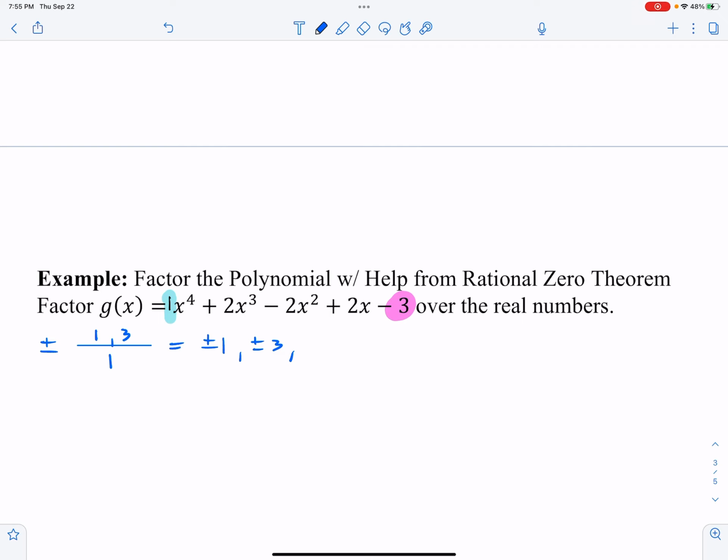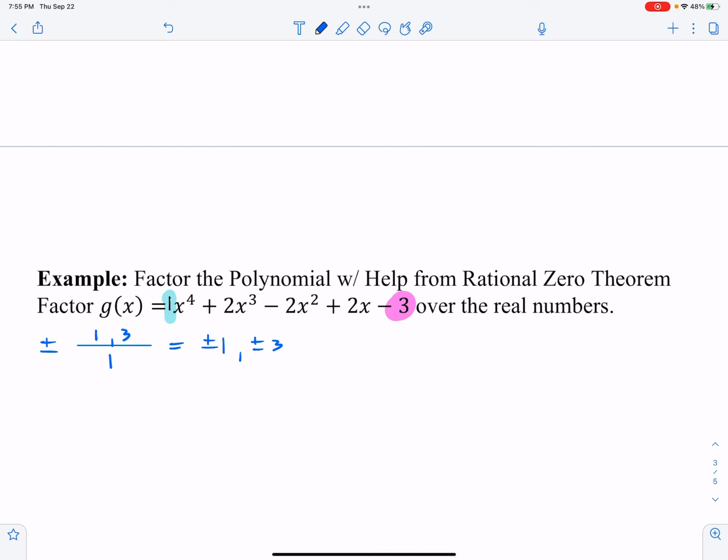So we're going to need to test to see if positive 1, negative 1, positive 3, negative 3 are zeros of g of x. And if we use synthetic division along the way, that'll also help us with factoring the polynomial.